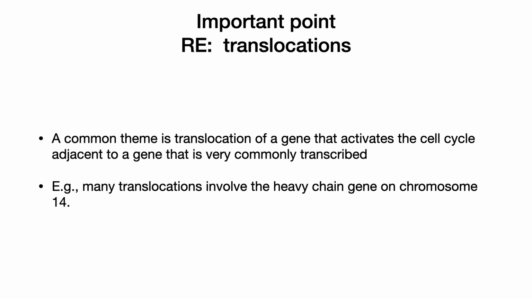If you remember that, and remember where the light chains are on 2 and 22, then that helps you know half of the translocation. And then you just have to remember things like chromosome 8 is MYC, so the 8;14 that you see in Burkitt's is where you get translocation of the MYC gene next to the immunoglobulin heavy chain, and that's read a lot and used a lot. So that's a common theme.